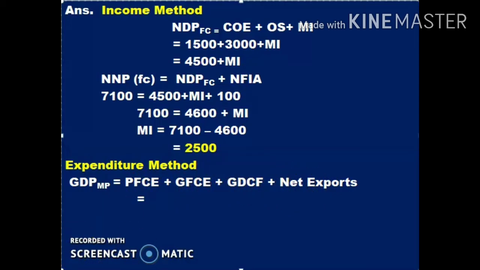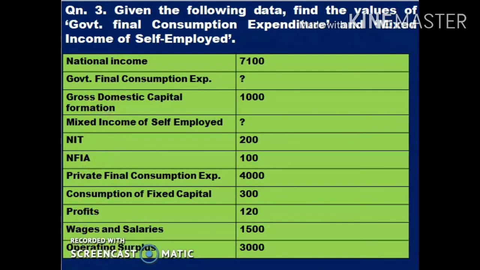Let us see what is given. Here in the question national income is given. Then gross domestic capital formation is given. Then private final consumption expenditure is given. So all these factors are given.